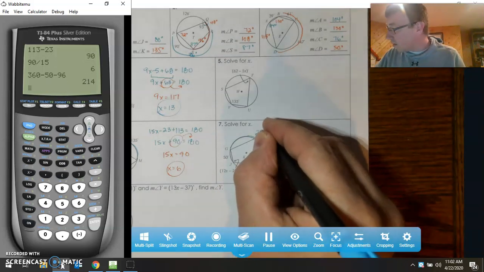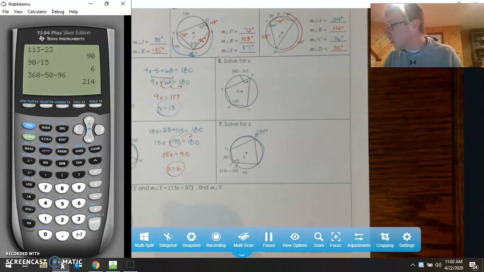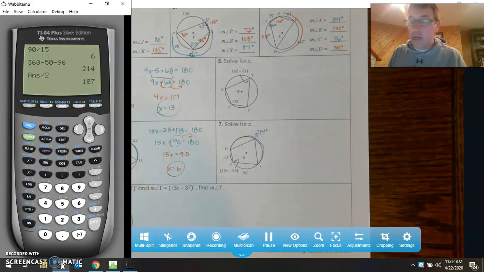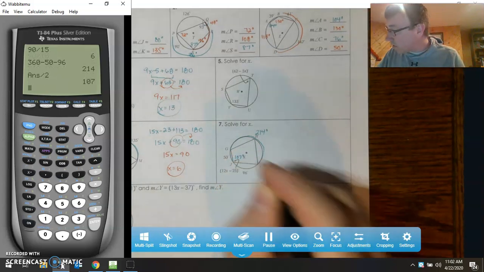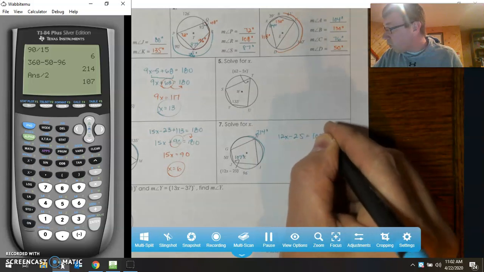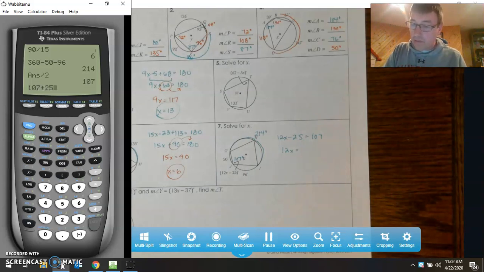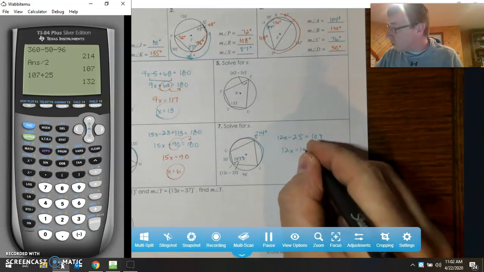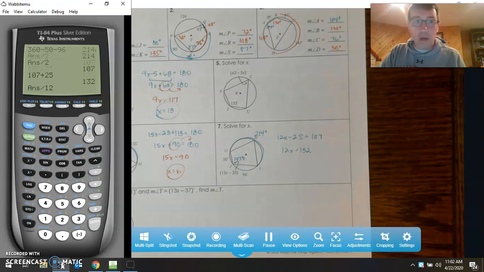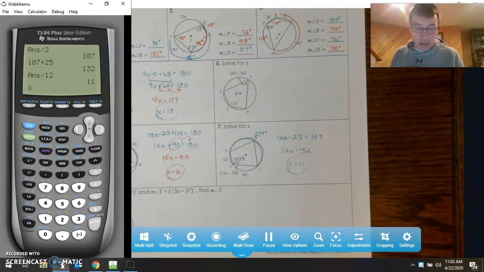So I know this arc GHI will be 214 degrees, which means angle J, if I divide that by 2, is going to be 107 degrees. We'll have to solve for x, so 12x minus 25 will equal 107. 12x will equal 107 plus 25, which is 132. Divide that by 12, you should get 11.